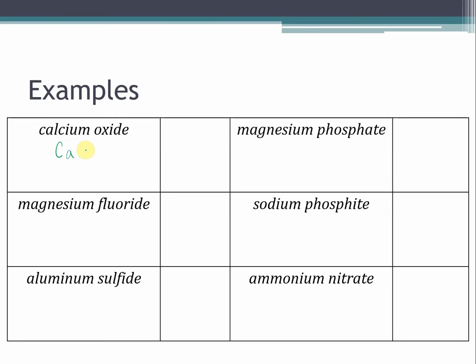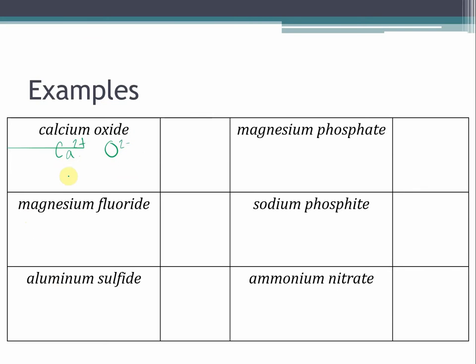Just like we said earlier in the PowerPoint, all of your alkaline earth metals form a 2+ charge. And oxygen, or oxide, comes from oxygen, but it is specifically an oxygen ion. And if you look on your periodic table or flip back in your notes, you will see that oxygen always forms a 2- charge.